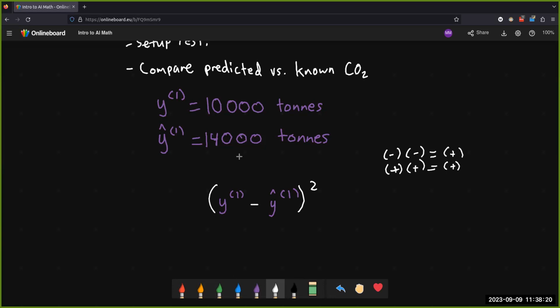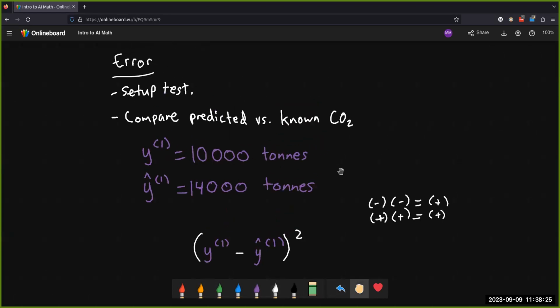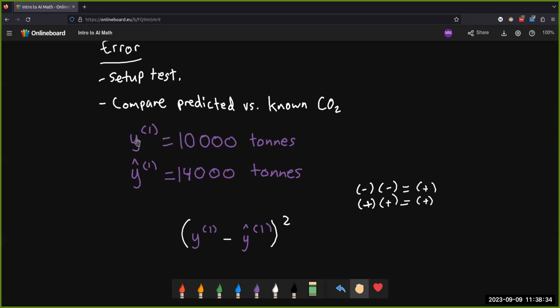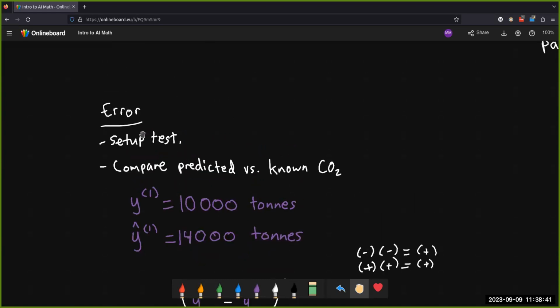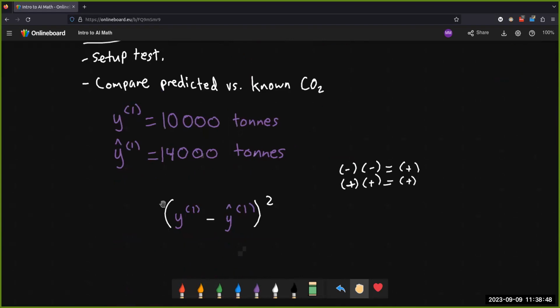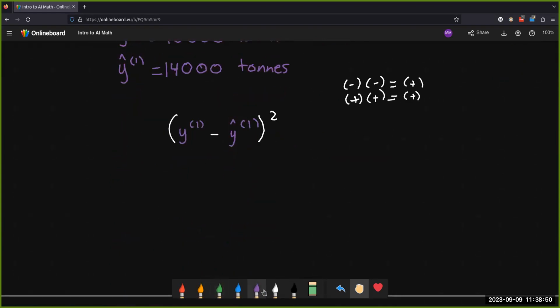The issue is, just like if your teacher gave you a test that just had one question on it, then it would be very easy for you to cheat or memorize the question. If we just measure the error on this first power plant, we're not getting back very useful information. We want to figure out what the error is across all of the 10,000 power plants that we have data for. So to do that, you can imagine what we're going to do.